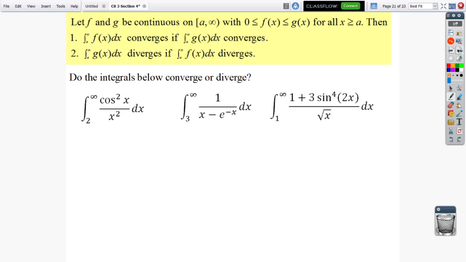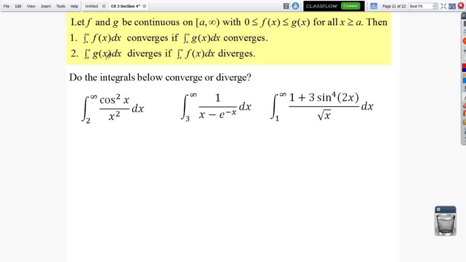Basically what this is saying is if g is above f, and if f diverges, meaning f is infinite, g is bigger than it. So g is bigger than infinity.